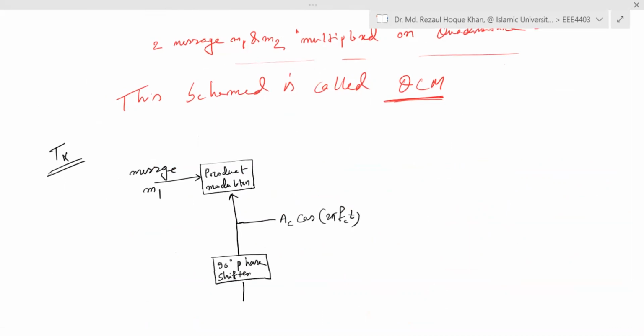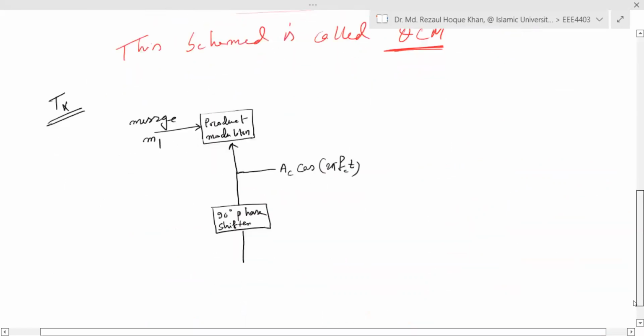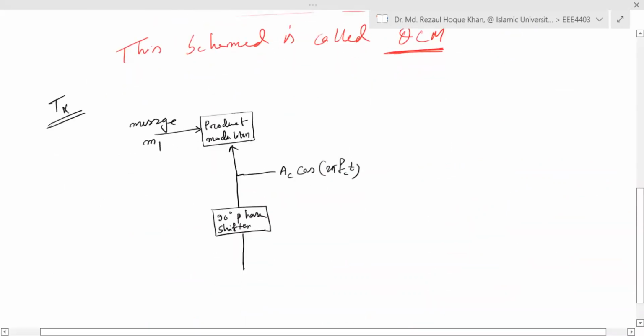So what does the 90 degree phase shifter do? It modulates the other message, which is message M2.